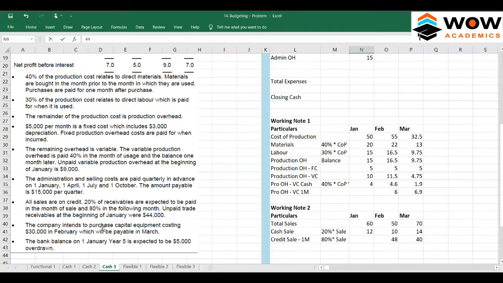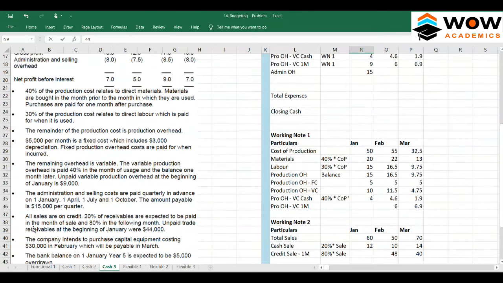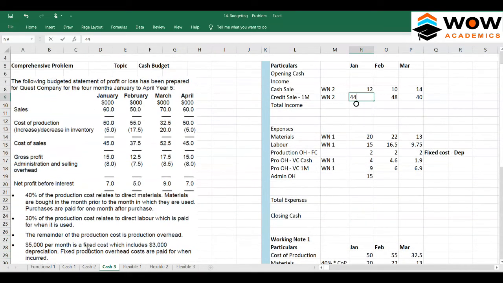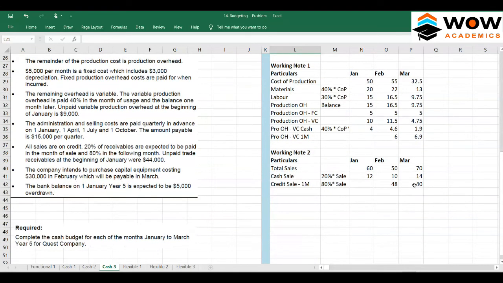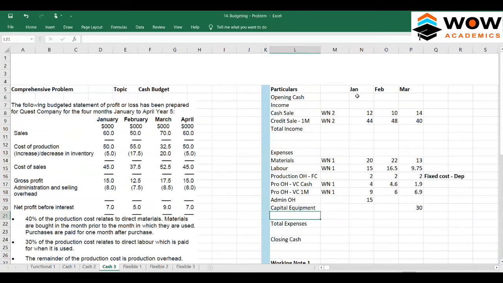The company intends to purchase capital equipment costing 30,000 in February, which will be paid in March. So in March we have to pay 30. And finally, the bank balance on 1st January is expected to be a 5,000 overdraft.